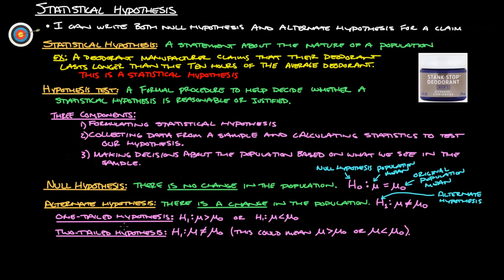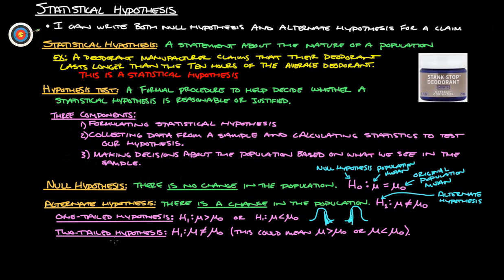There's a thing called a one-tailed hypothesis, where you can say the mean is going to be greater than the original population mean, or that the mean is going to be smaller than the original population mean. So that's basically like these regions here: mu greater than is this section, and mu less than is this section.